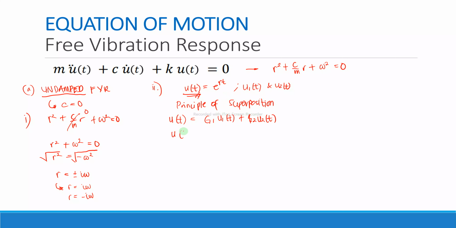So we'll have g1 times e to the positive i omega t, since it is e to the rt, plus g2 times e to the negative i omega t. Now g1 and g2 are our arbitrary constants.